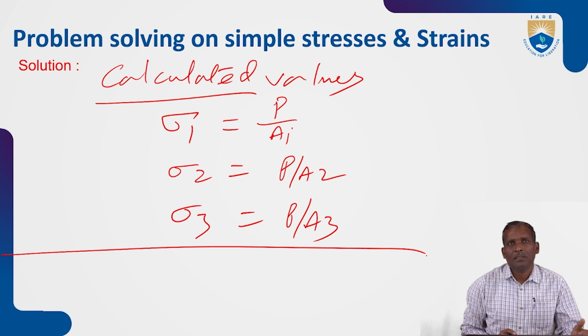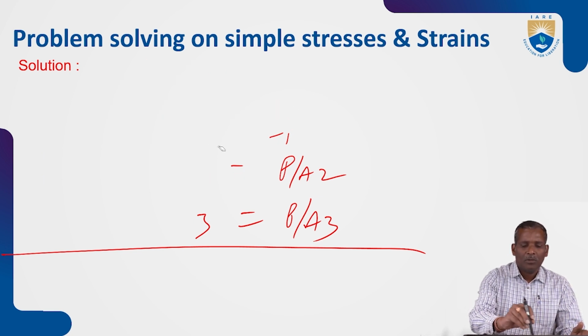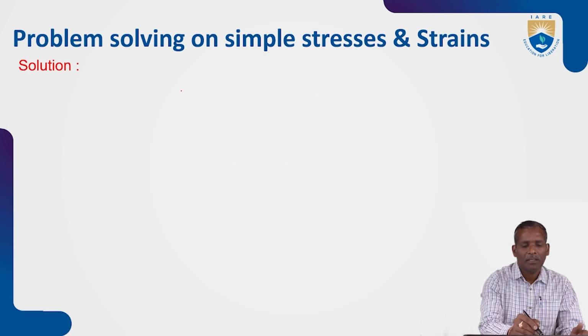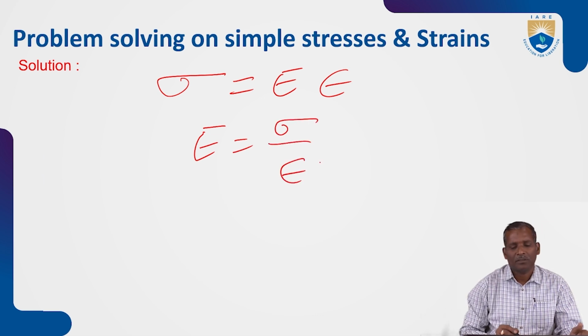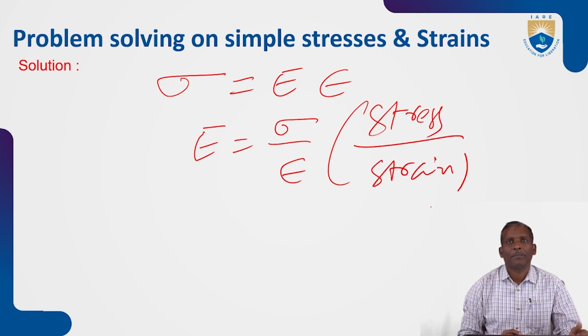The second part is elongation of the bar due to this load. How do we calculate the elongation? You know the stress is directly proportional to strain, so stress is equal to E into strain. Already I told you in the first slide, E is equal to sigma by epsilon, stress upon strain.